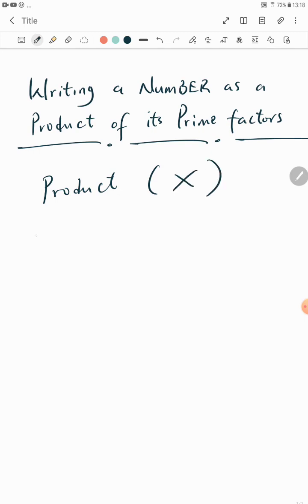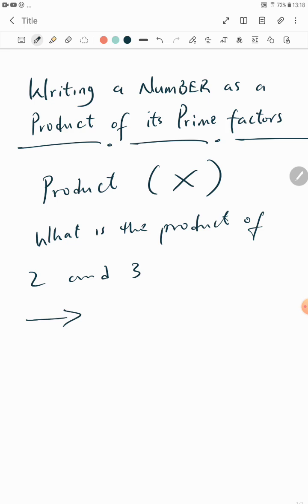If I ask you what is the product of 2 and 3, I'm simply asking you to do 2 times 3, because that will be the product of 2 and 3, which gives us 6. So the answer will be 6. So when you hear the word product in mathematics, we are simply referring to multiplication.